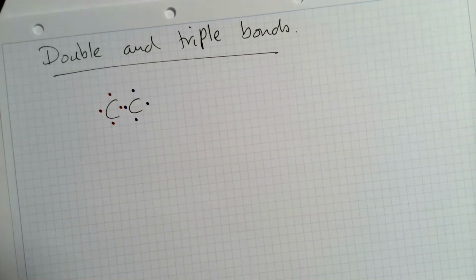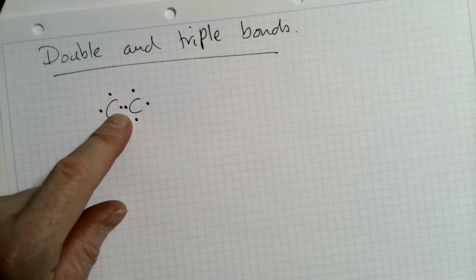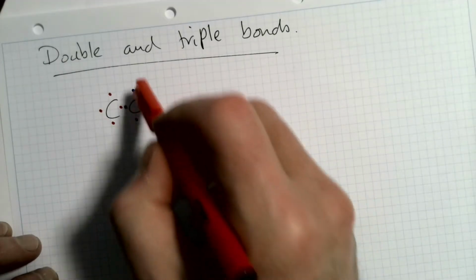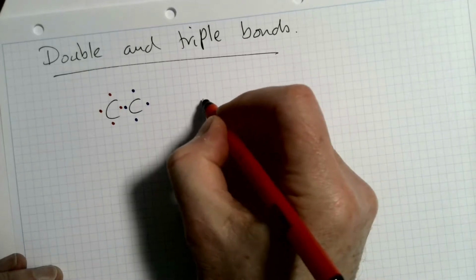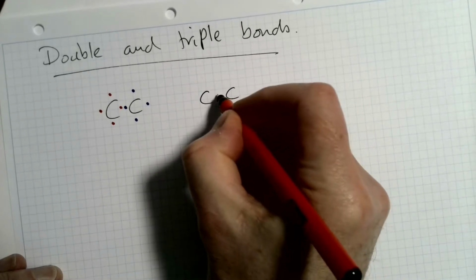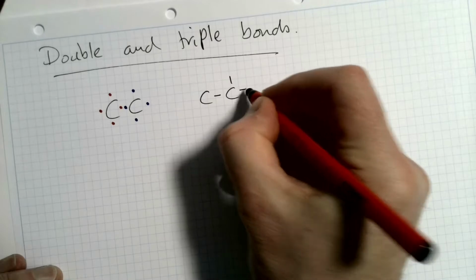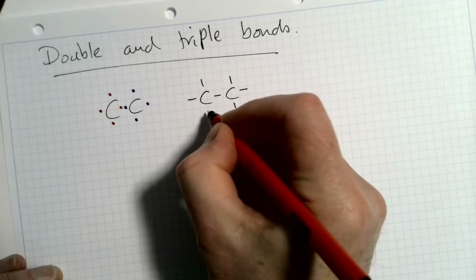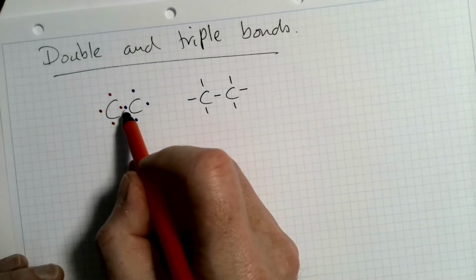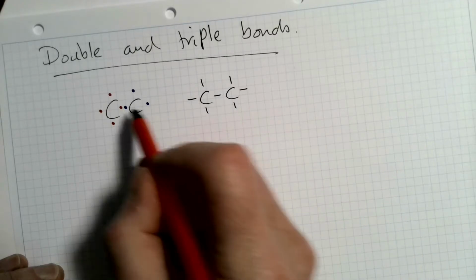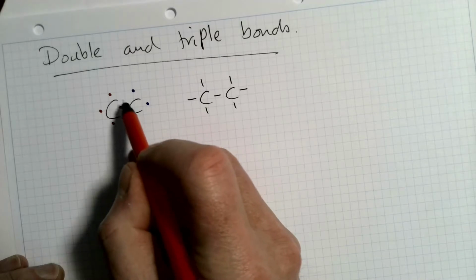And what we can see is that there are 2 electrons in the bond, and there are 3 electrons in each atom that are able to make bonds with other atoms. And so we generally represent the structure like that. A single line represents a single bond. A single bond represents 2 electrons.